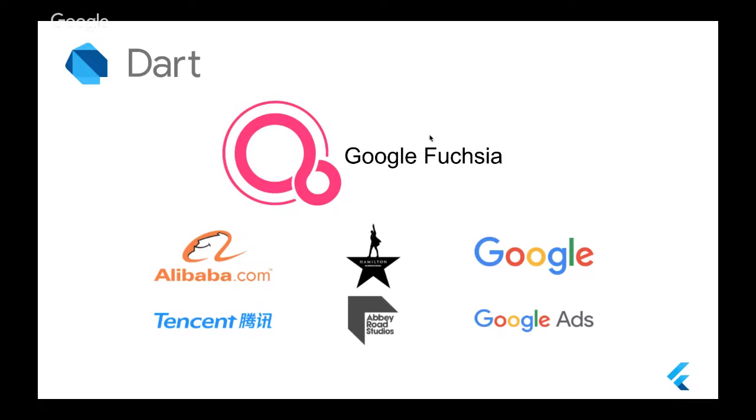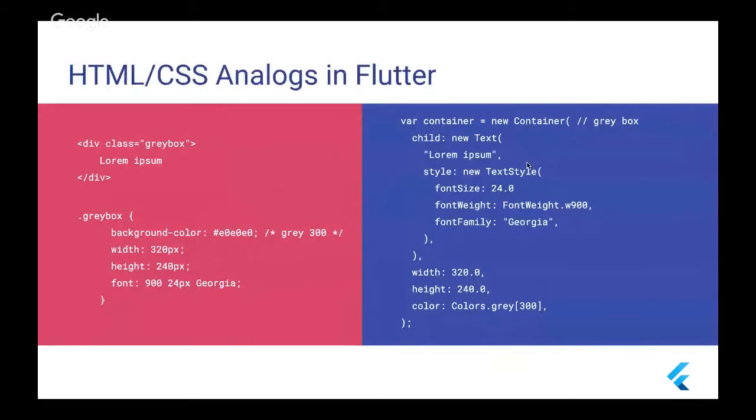So if you are using Flutter now to build your application for iOS and Android, your application will run on iOS and Android, and at the same time it will also run on the new operating system that has not come yet. There are a lot of big companies now using Flutter, and this is a small example of these companies, like Google and Alibaba. Alibaba uses a lot of Dart in the backend and also uses Flutter for building their applications.